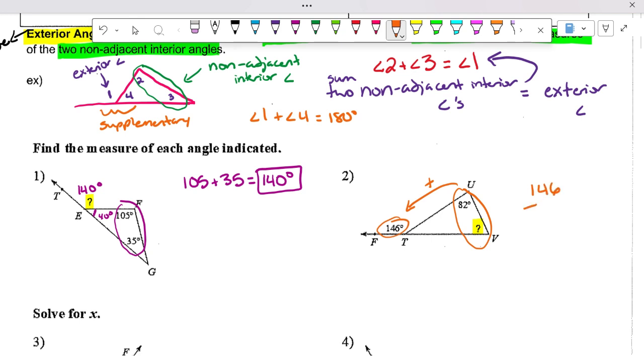Subtract 82. So what's 146 minus 82? 64 degrees. How are we feeling about the exterior angle theorem so far?